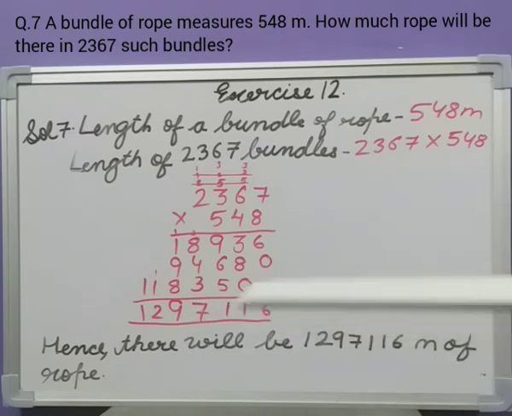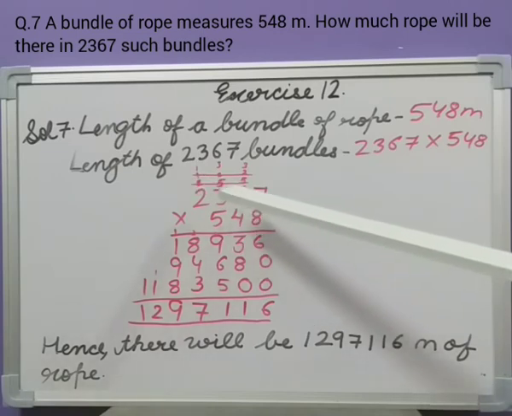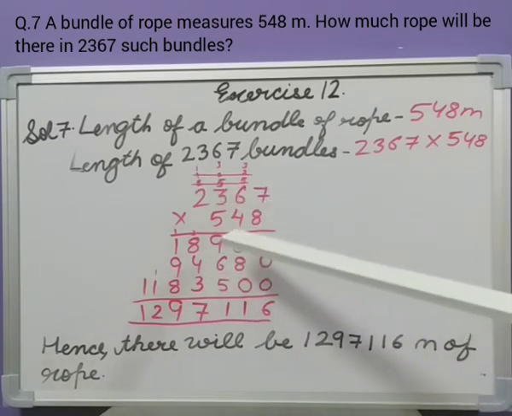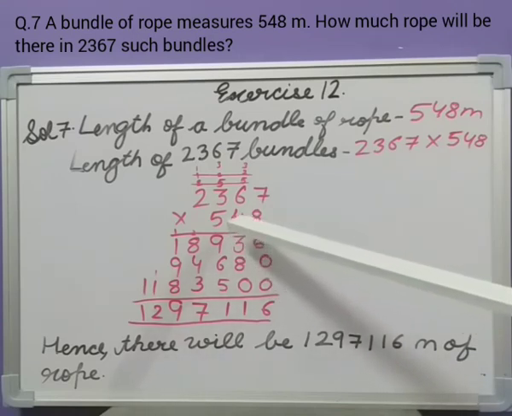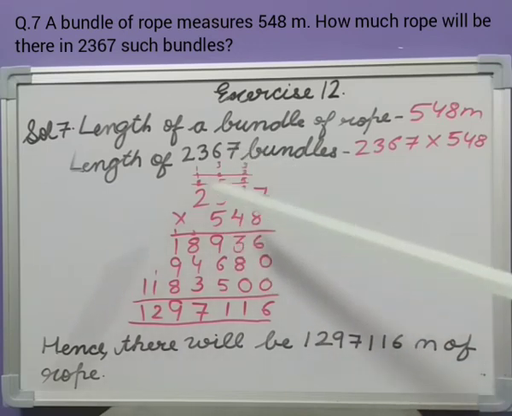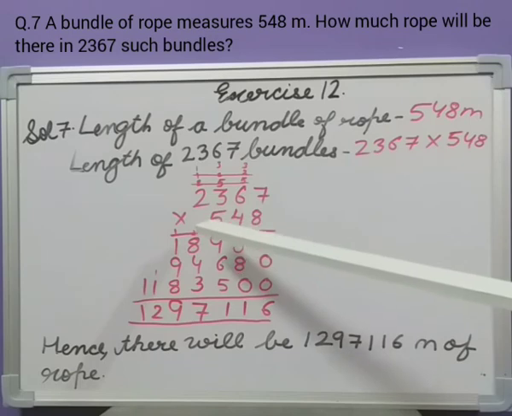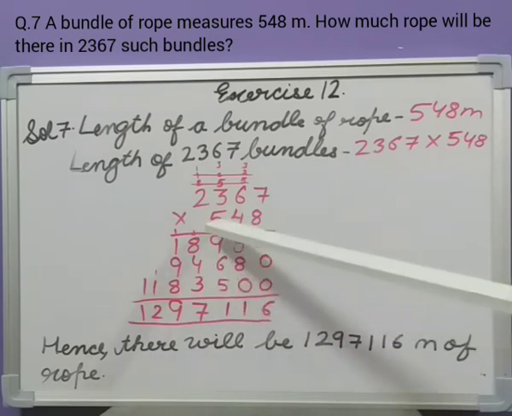548. Now, again we are going to follow the same rules. First, we will multiply it by 8. After multiplying by 8, we are going to multiply it by 4. But before multiplying, we will put 0 because now the place is tens. So, we will put 0 here. Then after that, we will multiply the number by 5 and we will put 2 zeros before that because it is hundreds place.